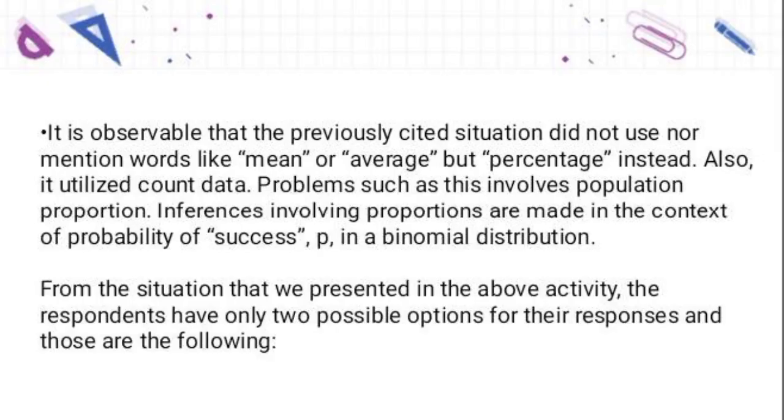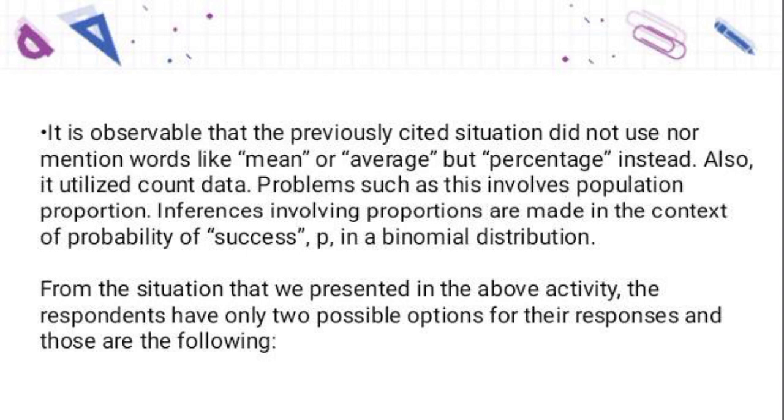It is observable that the previously cited situation did not use nor mention words like mean or average, but percentage instead. Also, it utilized count data. Problems such as this involve population proportion. Inferences involving proportions are made in the context of probability of success, P, in a binomial distribution.